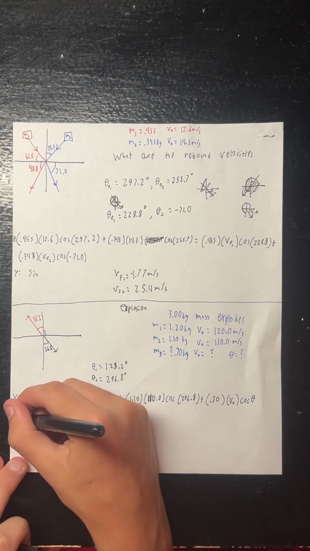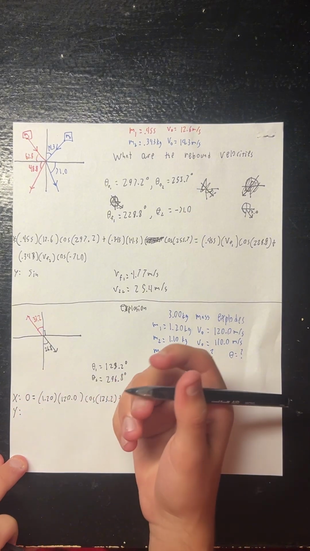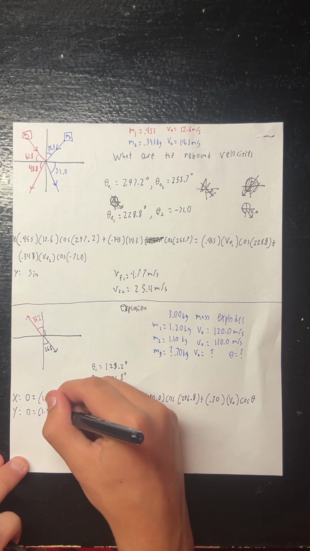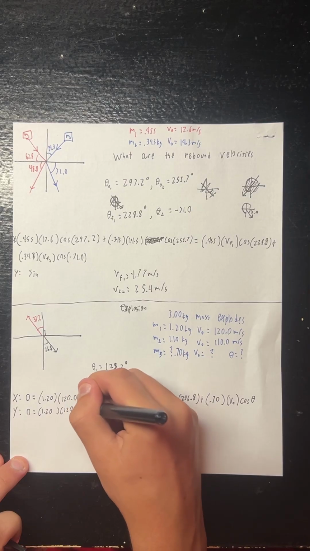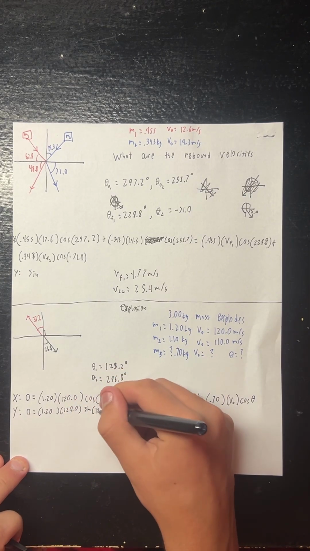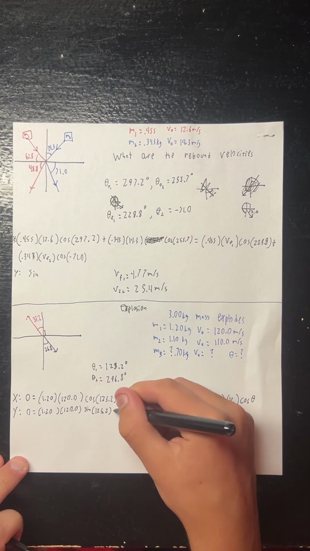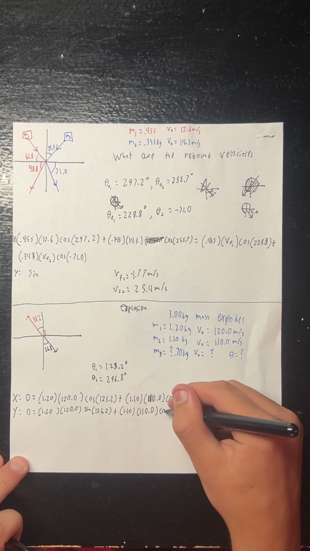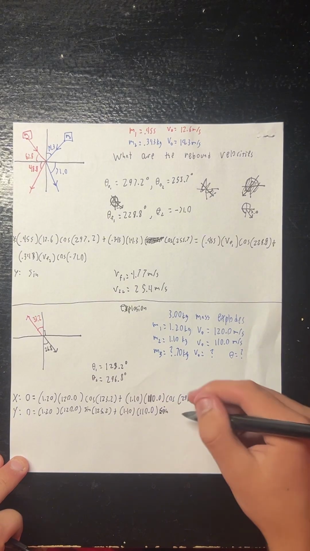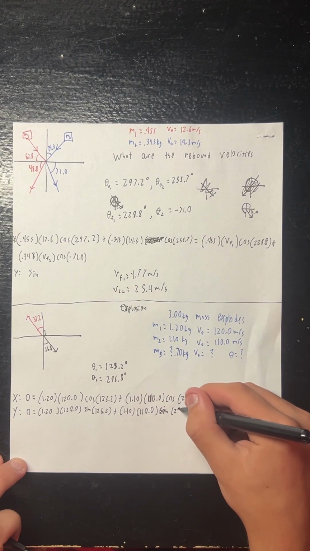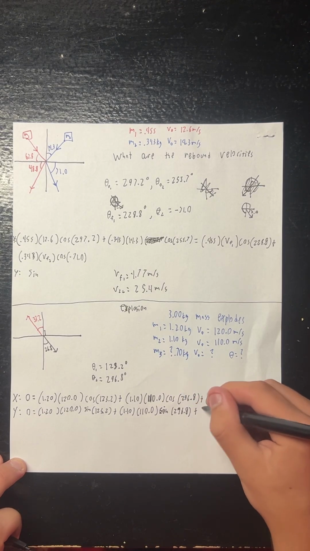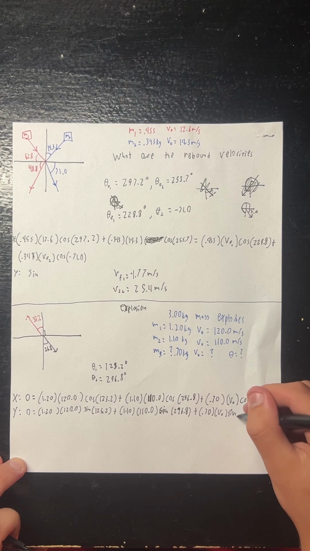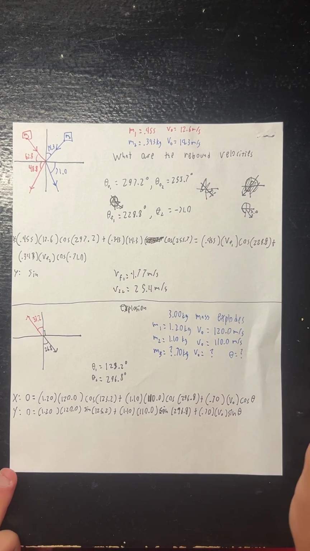And now we can do the y. And this is essentially, like I said, the same thing, but with sines this time. So 0 equals, I'll write it down, 1.2 times 120.0 times sine 123.2, plus 1.10 times 110.0 times sine 296.8, plus 0.70 times v times sine theta. Now we have two equations, two variables, they're both equal to 0.